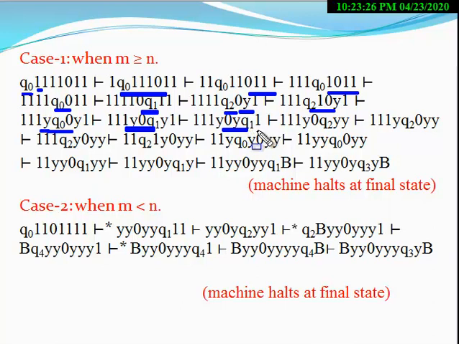As soon as 1 appears at the state Q1, the machine again changes the 1 symbol to Y, changes its state from Q1 to Q2 and moves to the left direction, right? So after applying this, the machine changes this. So the next ID becomes this.